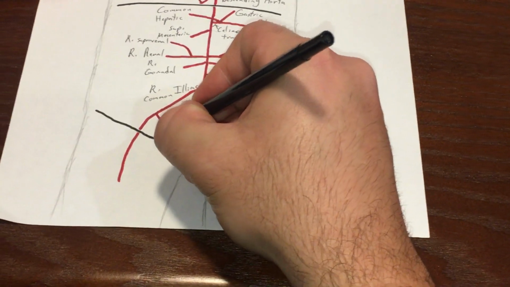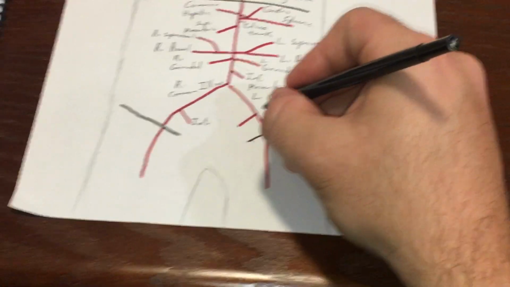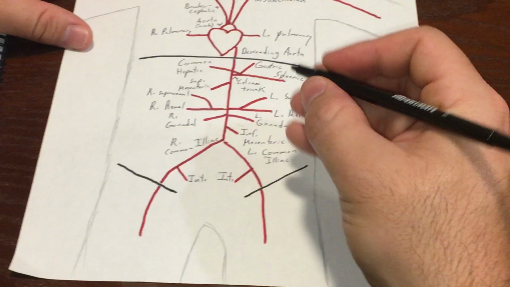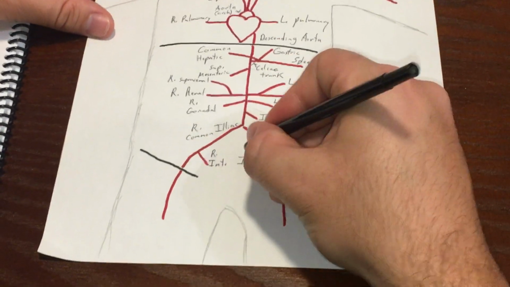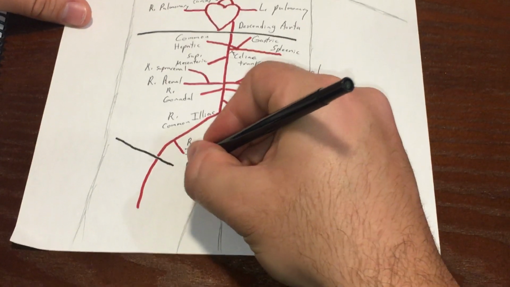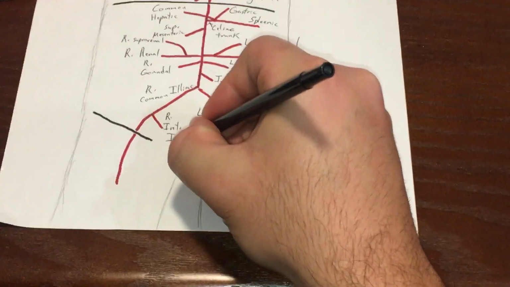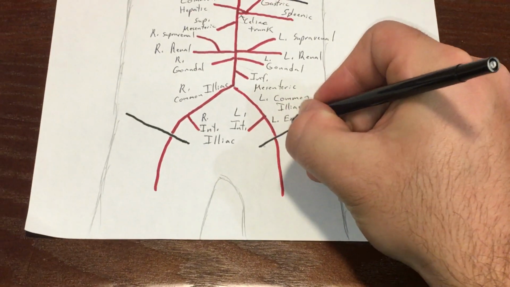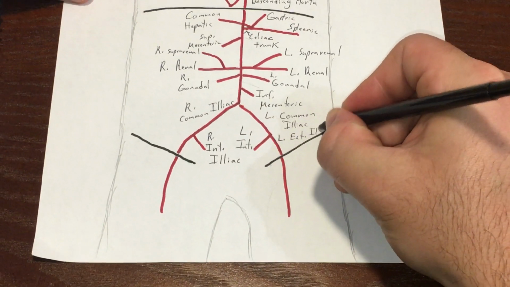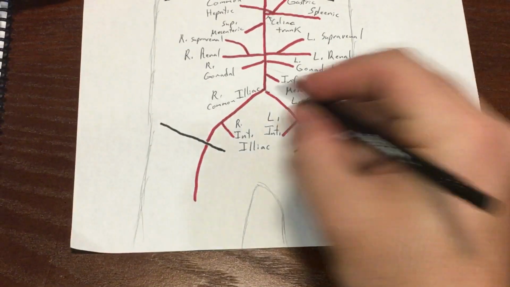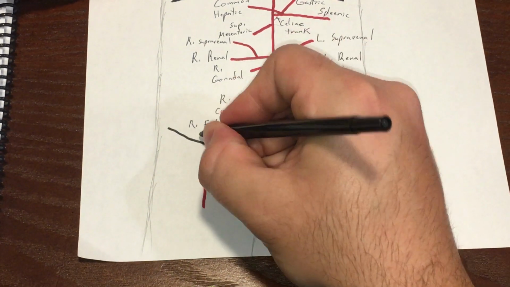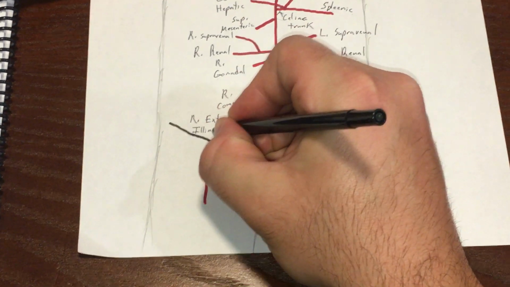Then you can have the internal, this is all internal, right and left iliac arteries, and then the left external iliac artery, right external iliac artery.